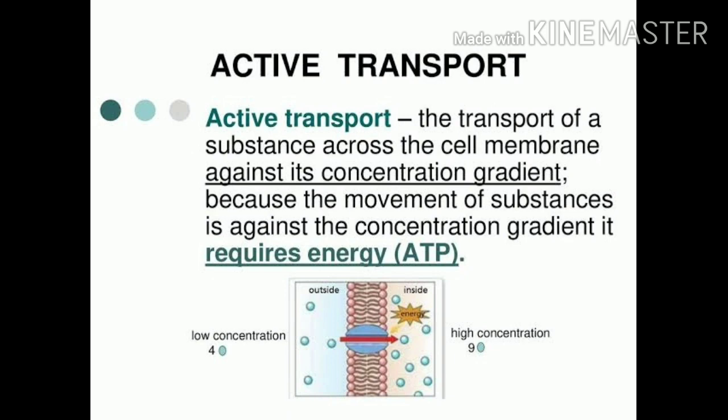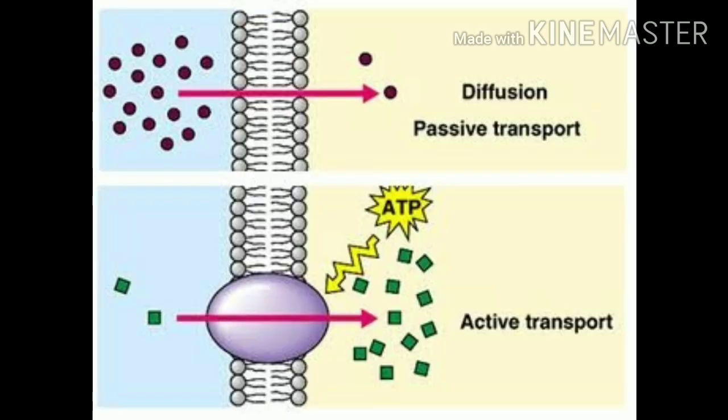Actually, active transport is a method in which molecules can transport through a cell membrane against the concentration gradient, meaning from lower concentration to higher concentration, and hence it needs energy for transport.